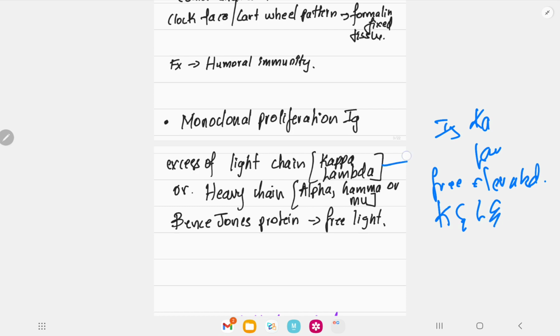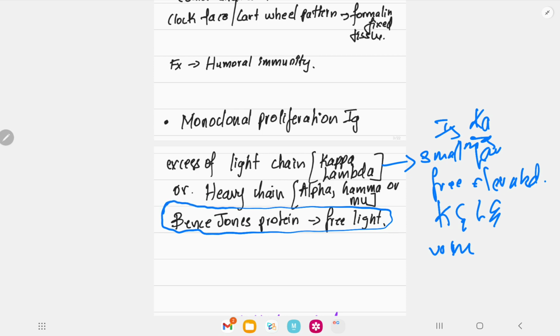Because these free light chains are very small in size, they get excreted in urine. These are referred to as Bence-Jones protein. These are the free light chains which can be determined in urine. You can also see elevation in heavy chains, either alpha, gamma or IgM. Okay.